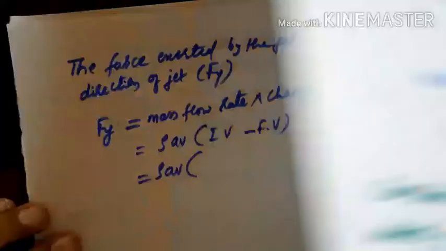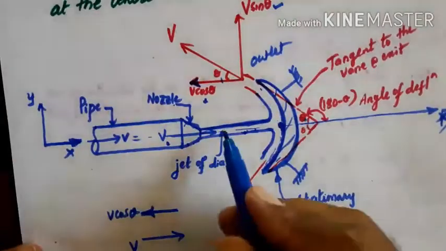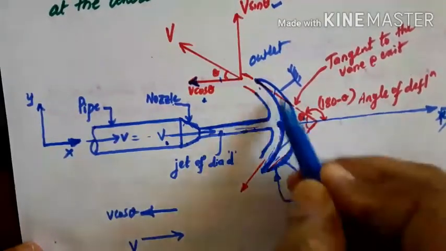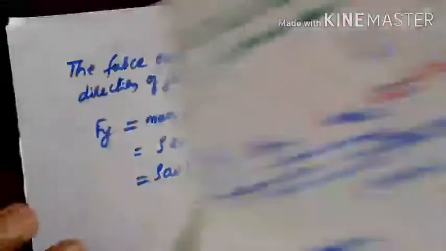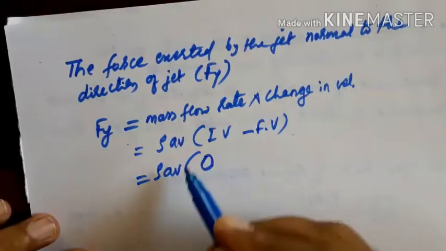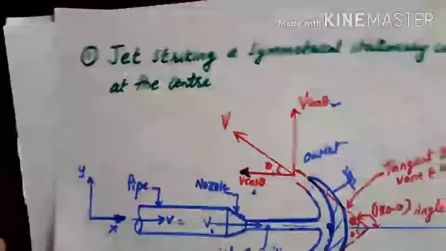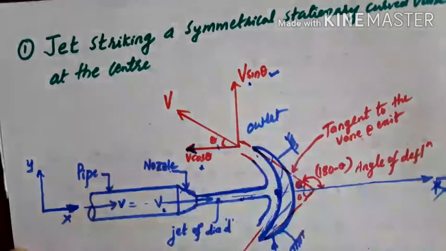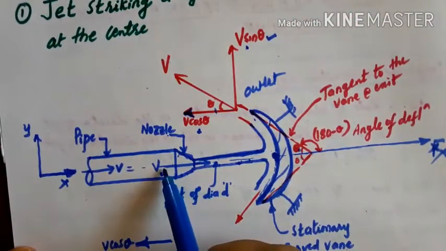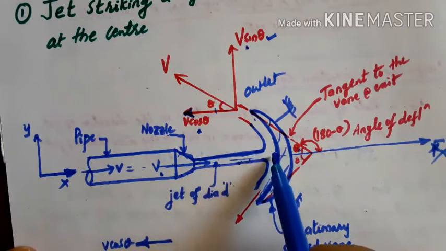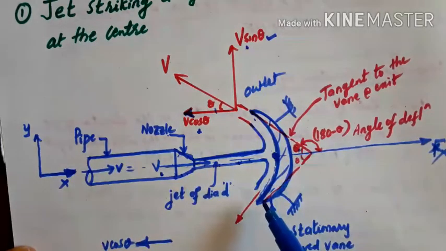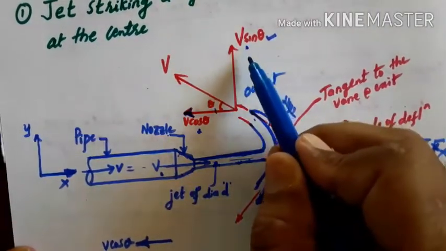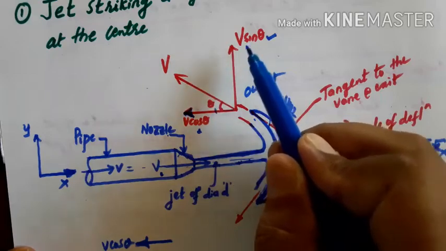So what is the initial velocity with which the jet is striking, in the y direction? Is there any velocity acting in the y direction initially? No, there is no velocity acting in the y direction. So the initial velocity is 0 minus the final velocity in the y direction, which is v sine theta. I hope you are understanding this. There is no velocity in the y direction initially, but there is a final velocity in the y direction at the exit.